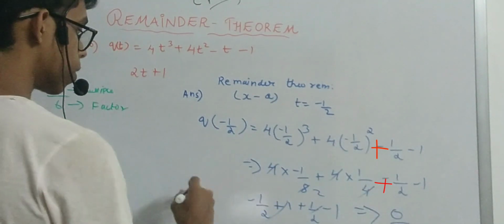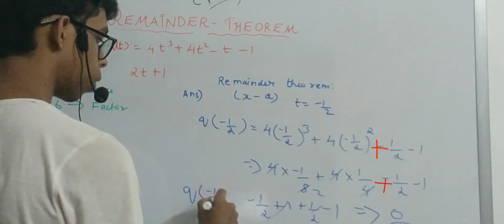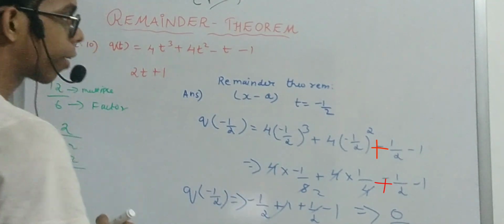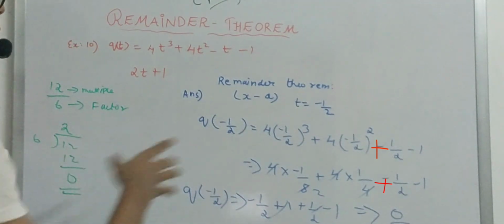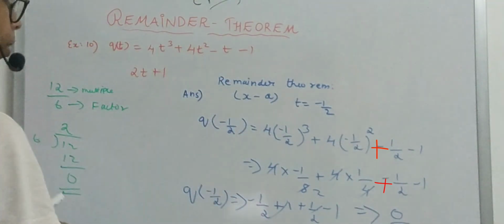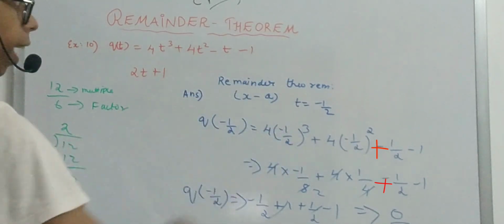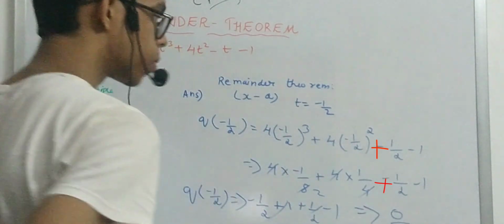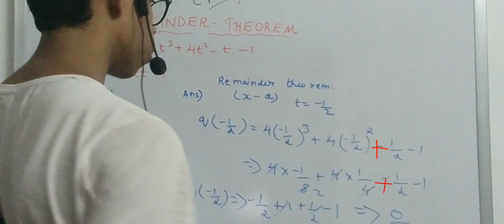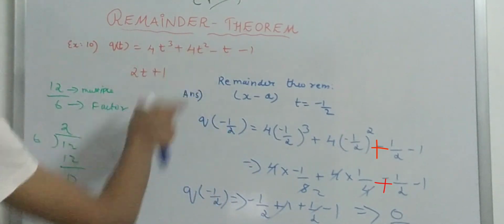Now what is this? This is your q of minus 1 by 2. So we know according to remainder theorem, if this value of q of t is equal to a, then definitely this value that you have got will be the remainder when we divide these two.